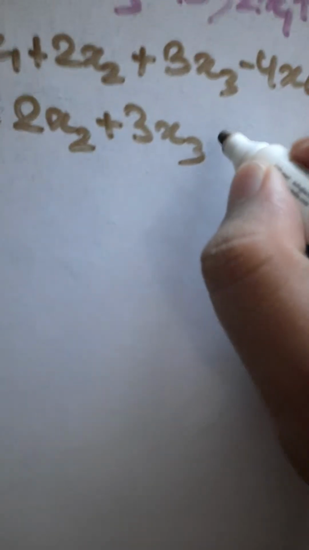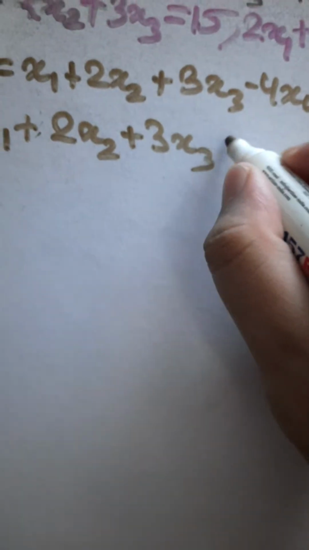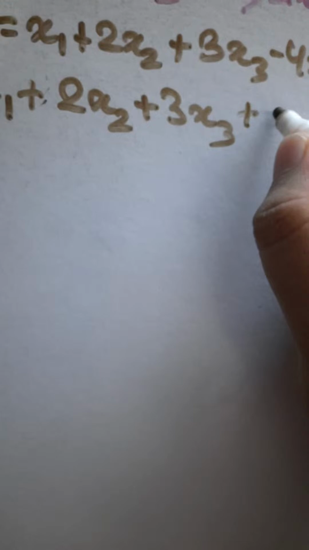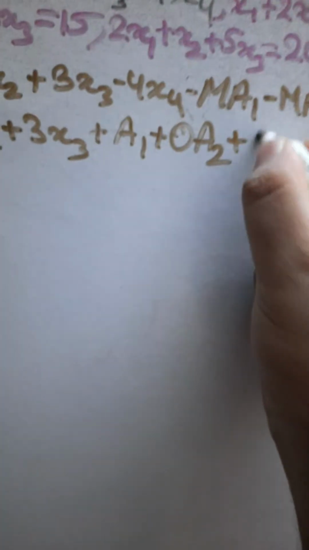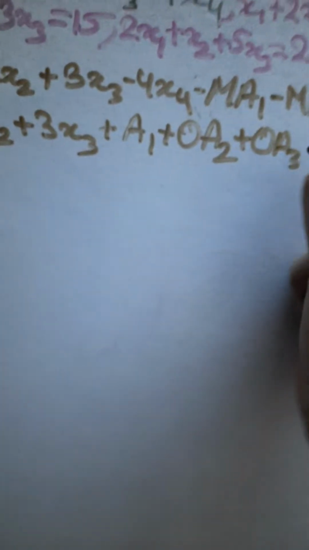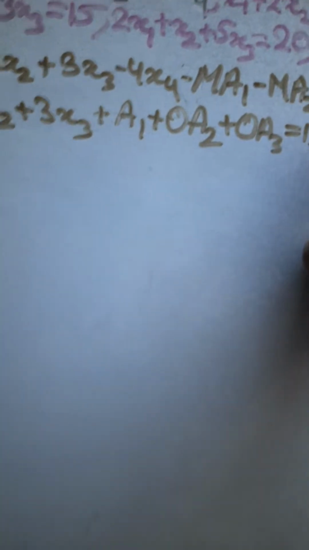Now the first equation: x1 plus 2x2 plus 3x3 plus a1 plus 0a2 plus 0a3 is equal to 15.